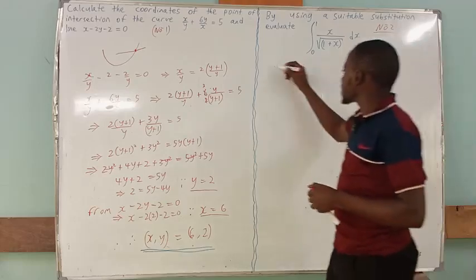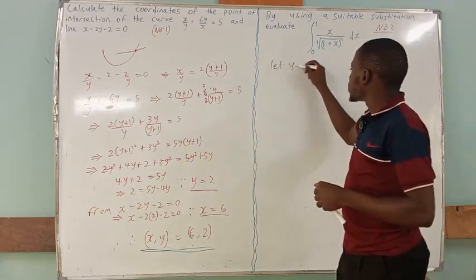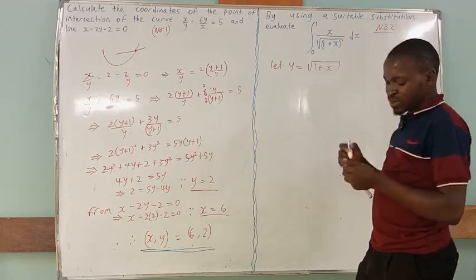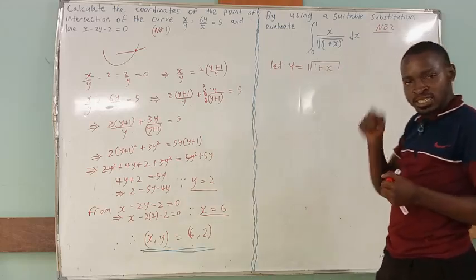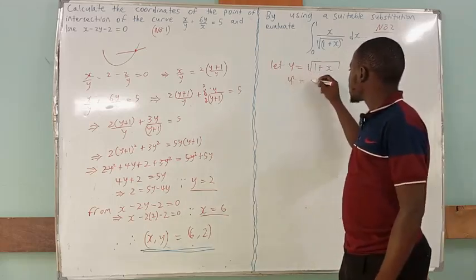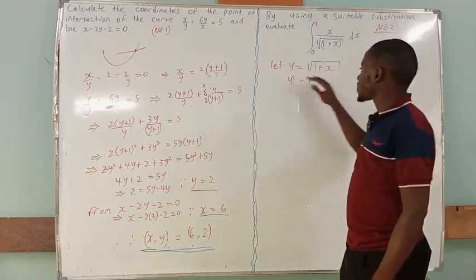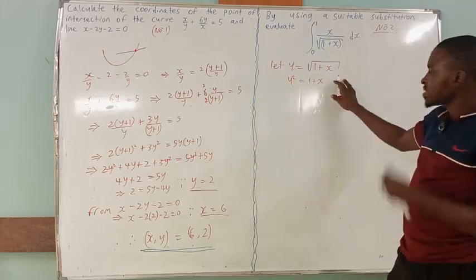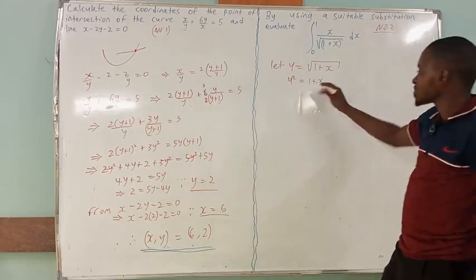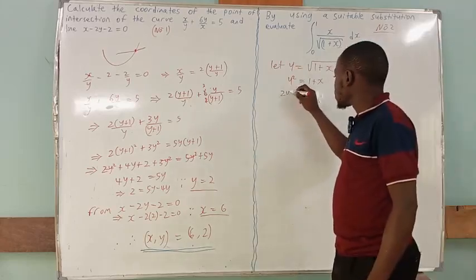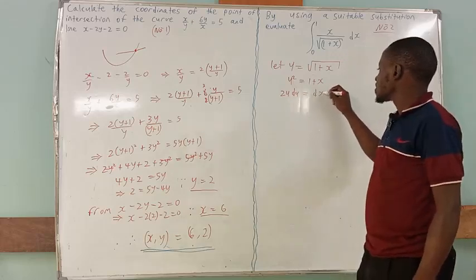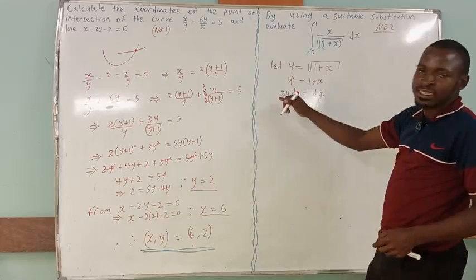So we are going to say let u be equal to root of 1 plus x, because it is difficult for us to integrate a root. So we get u squared is equal to 1 plus x after squaring both sides. Then we differentiate this side and also differentiate this side. You get 2u du is equal to dx after differentiating.